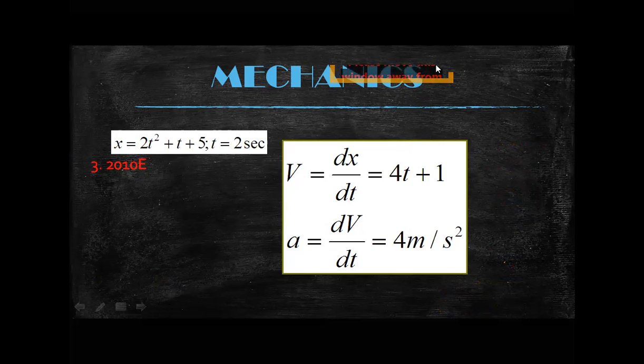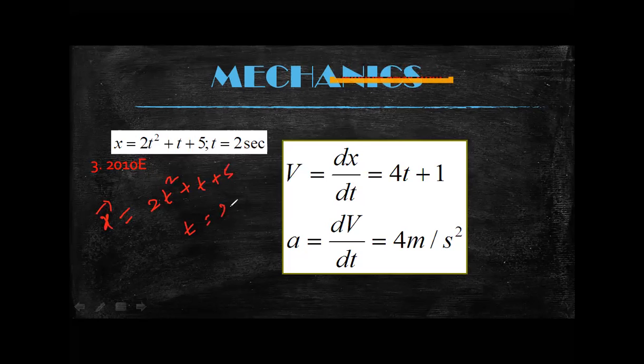So let me explain this. This is kind of a little tough, but I think you will be able to do it. So they gave the displacement as 2t square plus t plus 5, and they also mentioned t is equal to 2 seconds. What is the velocity? What is the acceleration?